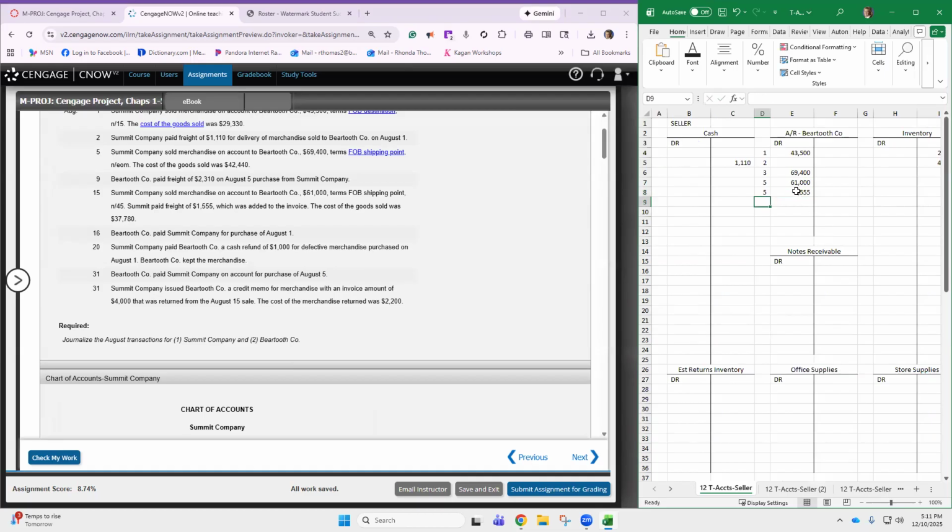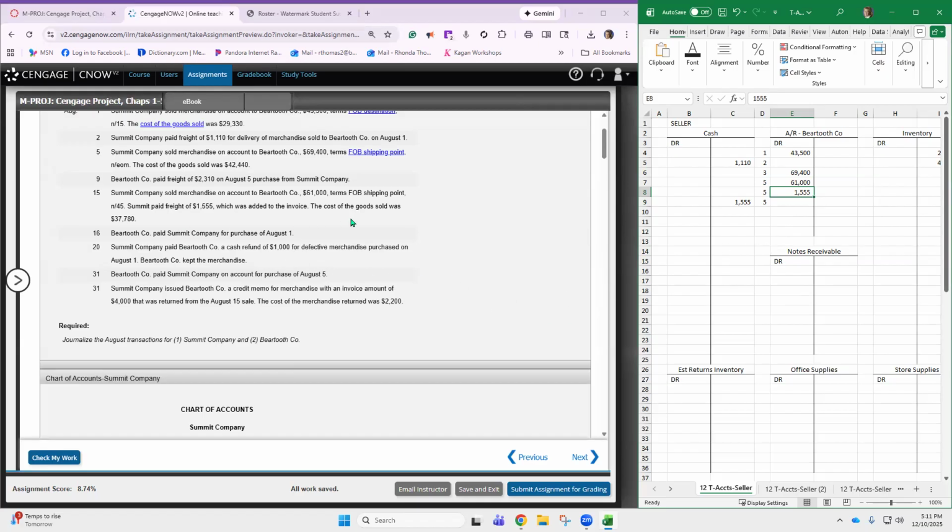What's going to offset this debit is a credit to cash, because they're going to pay the shipper, but then they're going to turn around and put it on the invoice of Beartooth, so Beartooth will pay them back. Okay, so the best way to do that is just to get it done when they say it, right?